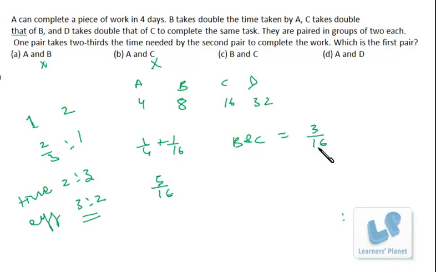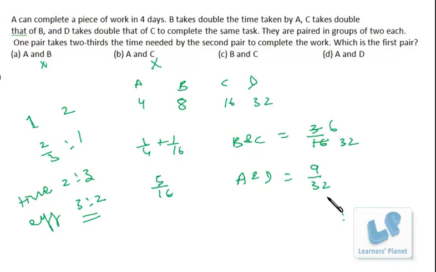So 3/16 work B and C are doing per day, and A and D are doing 1/4 plus 1/32, that is 9/32 work per day. So this is their per day efficiency. So this is 3/16, or we can write it as 6/32. So per day B and C is doing 6/32 work, and A and D is doing 9/32 work.